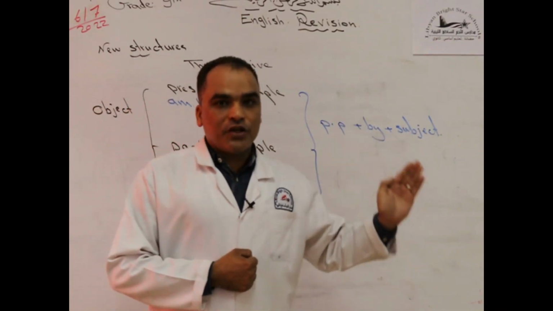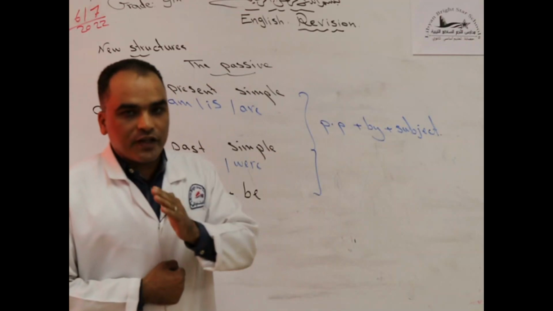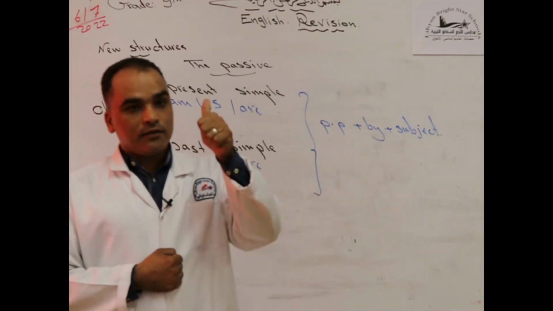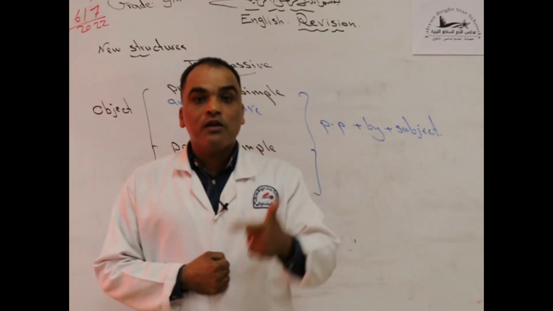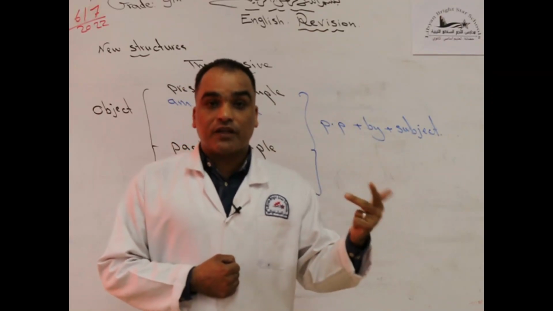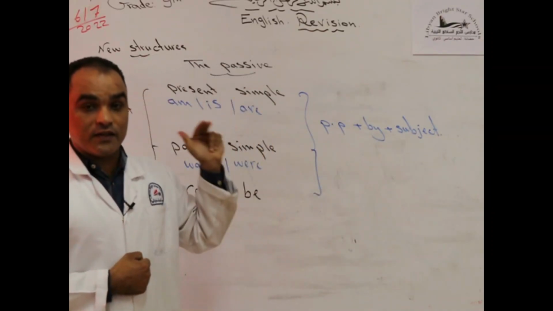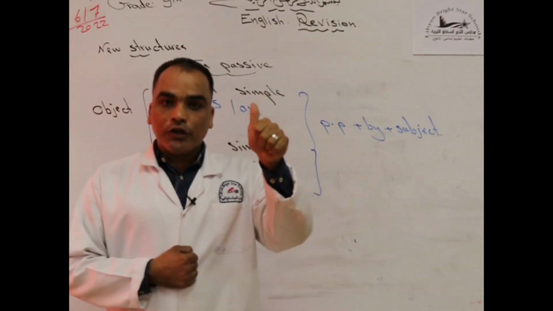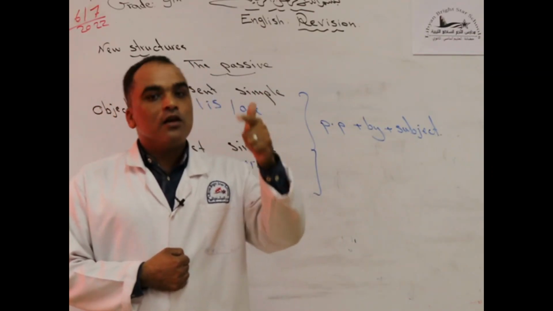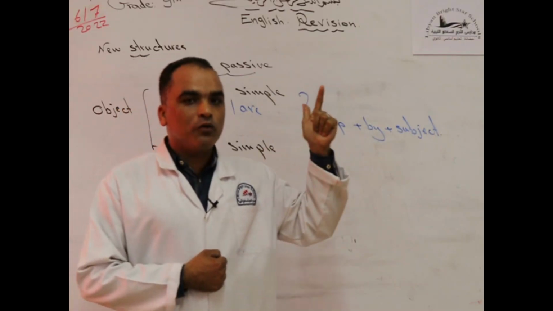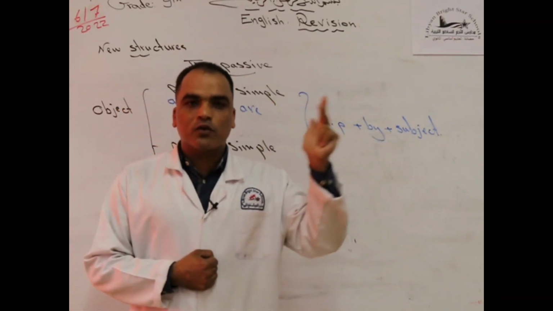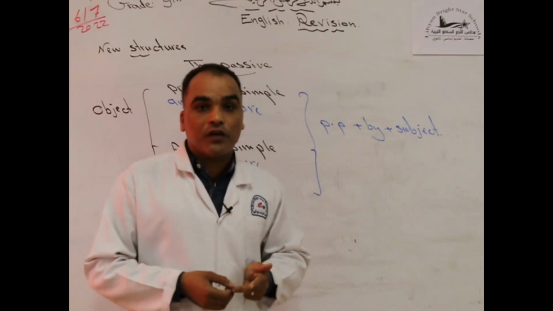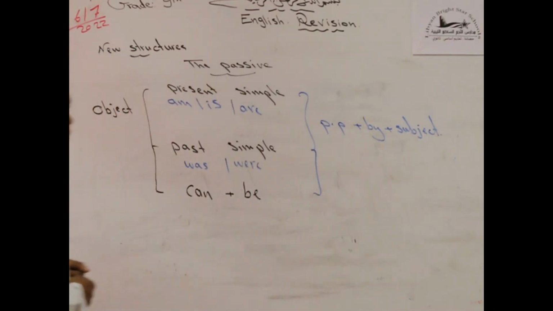The third one, when it's obvious who did the action. So we change the sentence from active to passive for three reasons: when you don't know who performed the action, when the action is more important than who did it, when it's obvious who did the action, لما يكون كمان قدامي واضح اللي عمل الفعل.